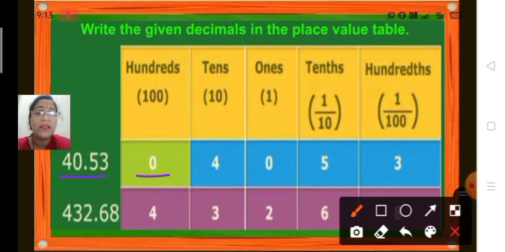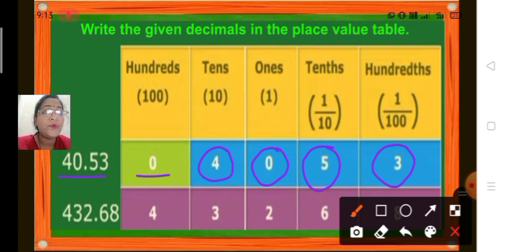Then the number is 40.53. 40.53 means 4 tens, then 0 ones. Now after ones what comes? Point. And after the point, which place? The decimal represents the tenths place, and in the tenths place which number is there, children? 5. Next, after the decimal point, the second digit represents the hundredths value. So 3 is at the hundredths place.